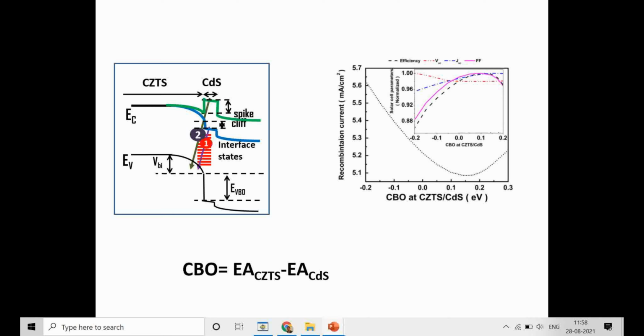In the dotted plot, the recombination current decreases at positive conduction band offset. So this is a simple optimization of band alignment at the interface, and it can lead to higher efficiencies. One can employ this in your devices. Okay, so that's all for today.